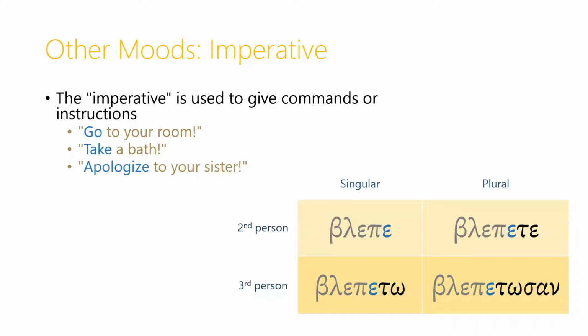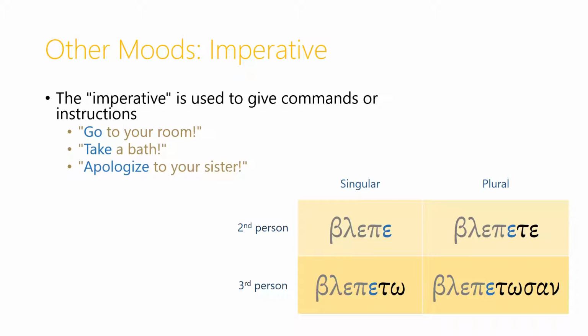One of the things that's unusual in Greek is that there are also third-person imperatives. We don't have this in English, so it's a little bit difficult to express a command that's not given directly to the person we're addressing, but is directed toward a third party that's not present. So often, these third-person imperatives are translated with "let him" or "let it."